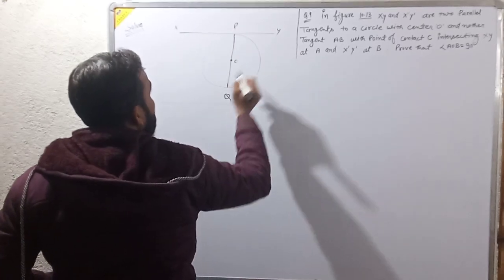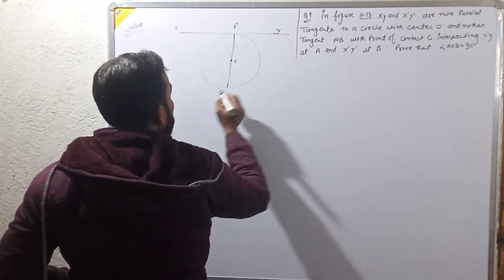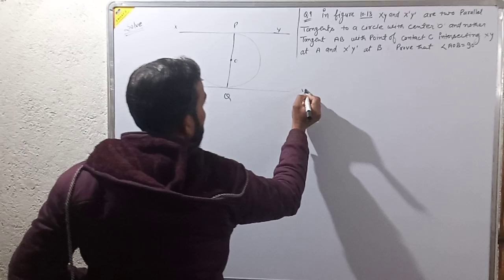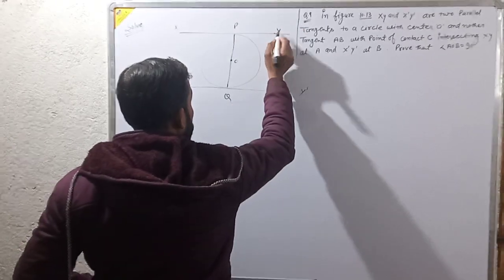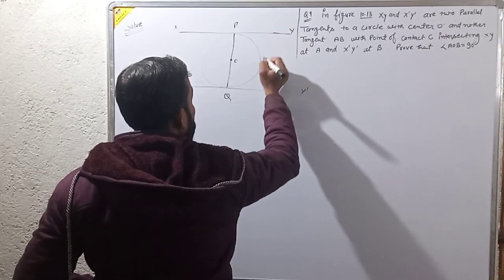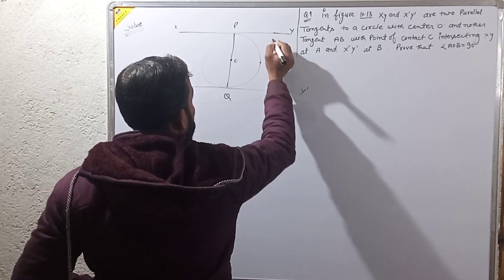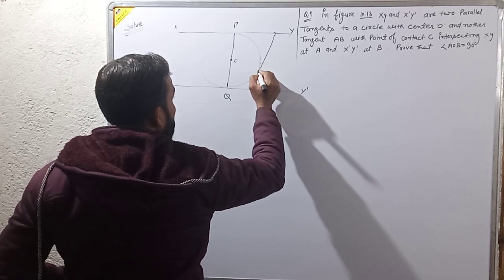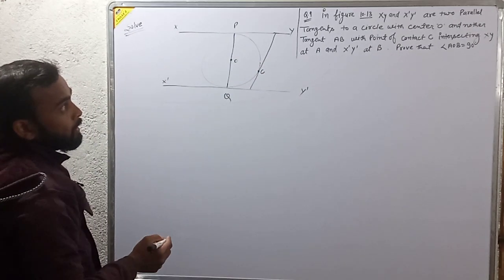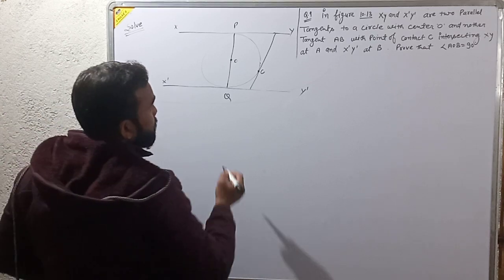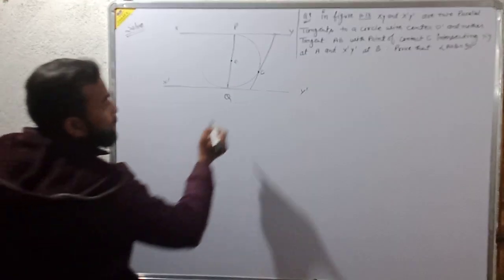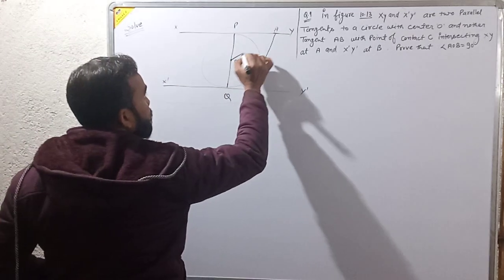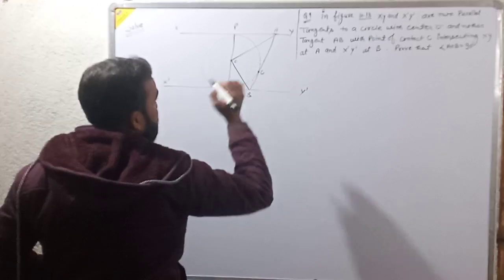XY is a tangent and X dash Y dash is another tangent. Let me suppose this is the point C of contact. Clear? And this is point A and this is point B.